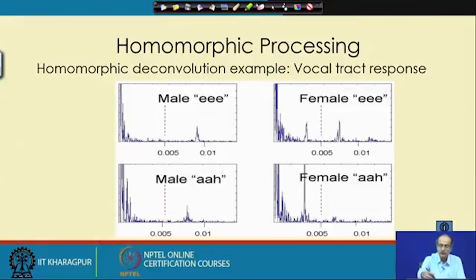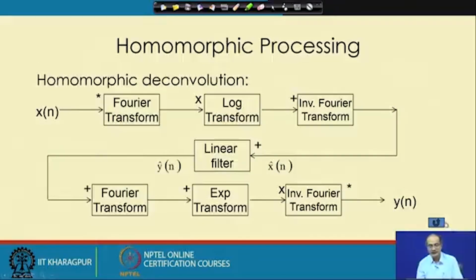So, by cepstral liftering we can get that, and we can once more look at the original homomorphic deconvolution block diagram, which can help us remember the steps we have to take.